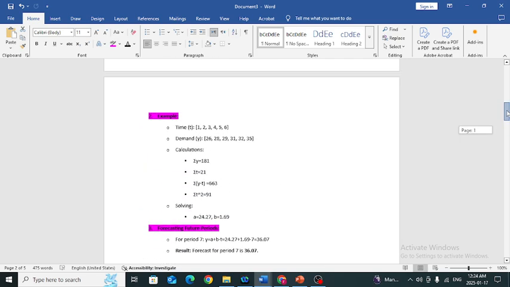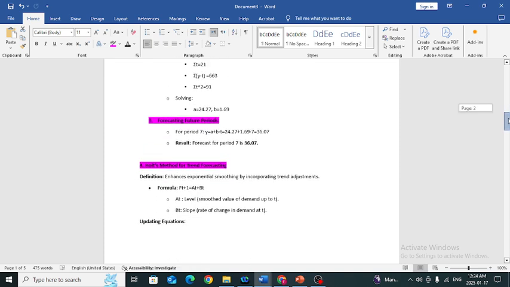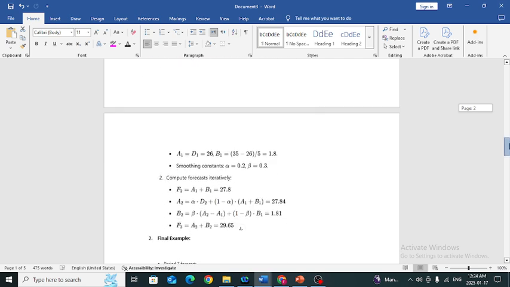For B1, we can take, for example, 26 minus 28, divided by 5. Why 5? Because 1, 2, 3, 4, 5: five levels or five years, five data points we can use. So instead of n, we should use 5.